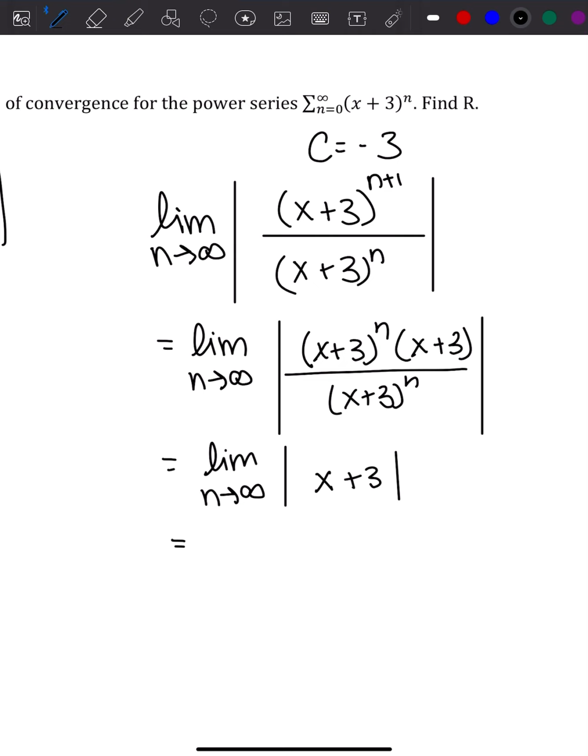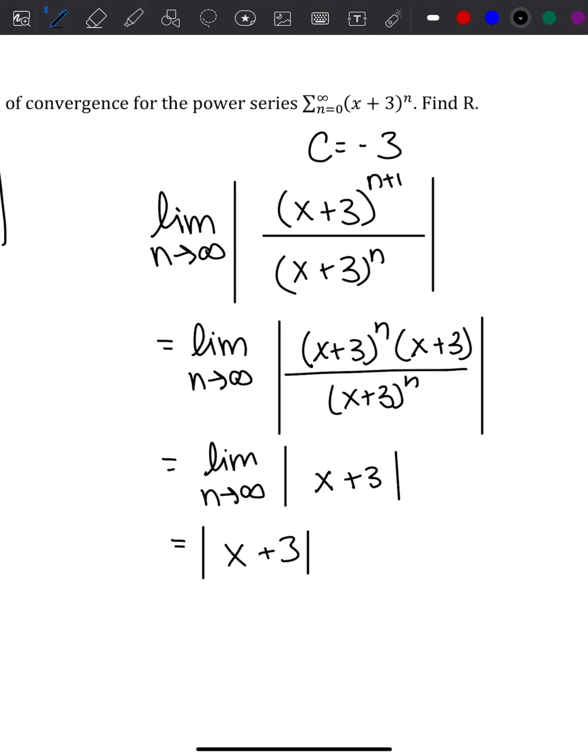Now we are going to find our limit. Well, we have no more n's, so this limit is equal to the absolute value of x plus 3, which really didn't change a lot, but that's okay.